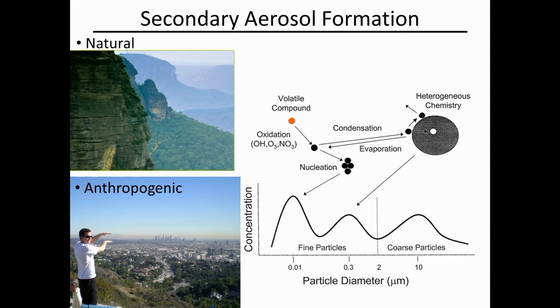C10H16 is alpha pinene. So what's half an alpha pinene? C5H8. Okay? C5H8 is isoprene. So isoprene is the dominant emission, the biggest emitted VOC.